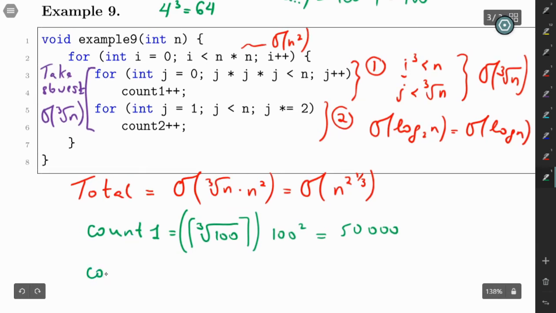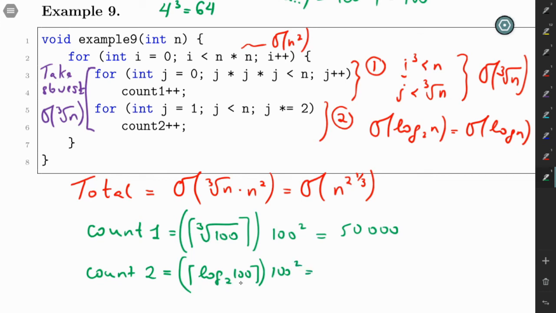And as far as count 2 is concerned, here we're going to take the ceiling of log base 2 of 100 times the same 100 squared. We figured out that this was 7 in the previous question, so this is going to be 70,000. Right now, the second loop is running slower than the first loop.